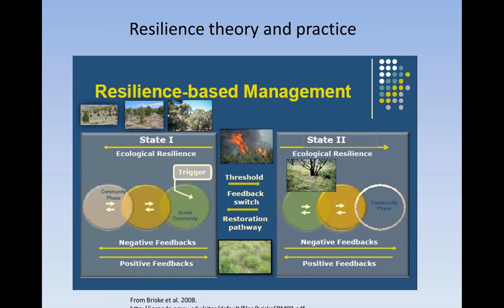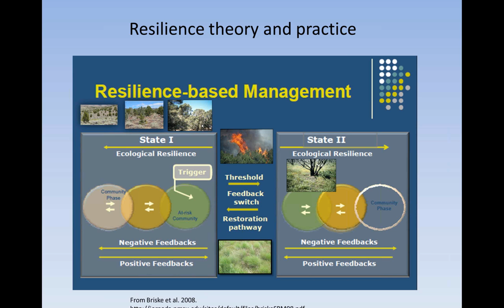But what we'd really like to do is treat these lands based on resilience theory and practice, which means in the case of piñon and juniper, treating before we get a closed canopy and then severe fire and have to do fire rehab. And so some of our research has been aimed at when do we treat, early invasion, mid-invasion, or what happens if we treat at these later invasion stages.